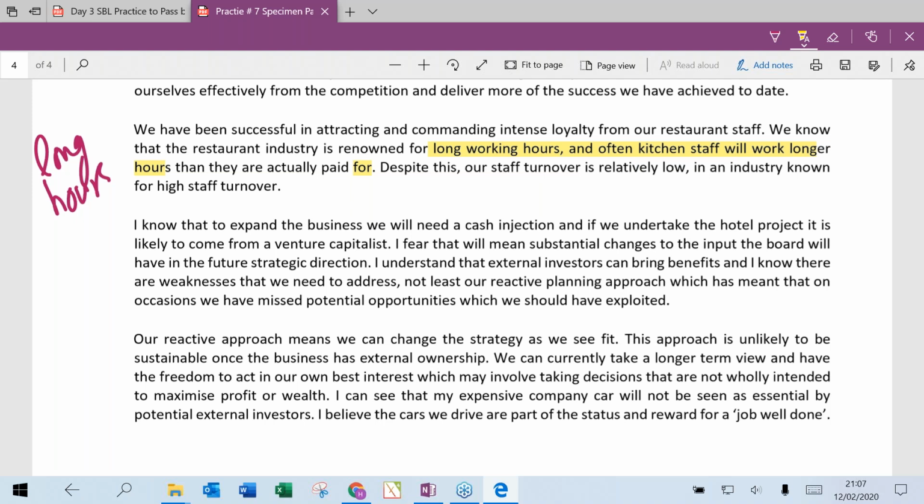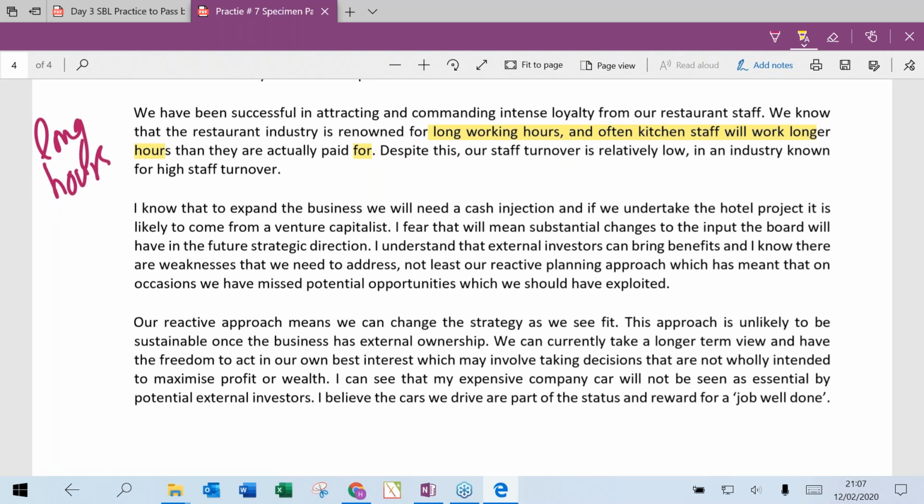I understand that external investors can bring benefits, and I know there are weaknesses that we need to address, not least our reactive planning approach, which has meant that on occasions we have missed potential opportunities which we should have exploited. Okay. Nothing directly linked with culture. Just that there's a possibility that a venture capitalist might come. There might be external investors in future.